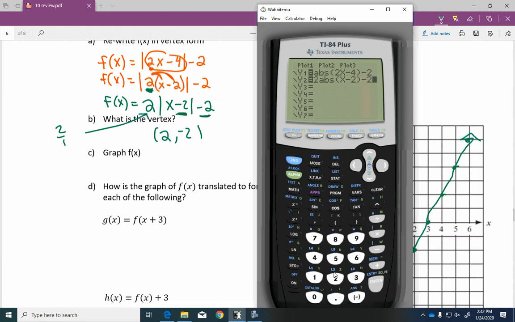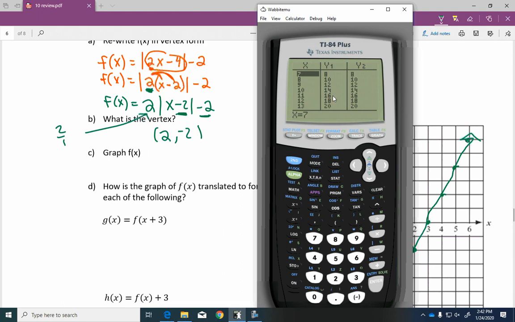So if my vertex form is right, when I look at my table of values, it should be identical for each of these functions, because really it's the same function. It's not two different functions. It's the same exact function, just rewritten a slightly different way. So if we go look at our table, I can see that it is identical.